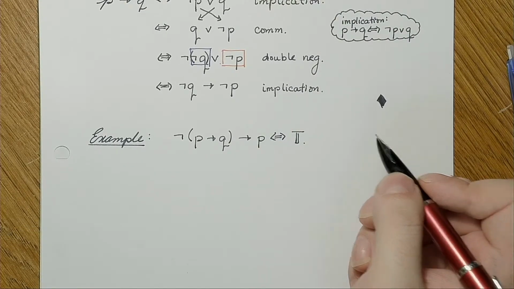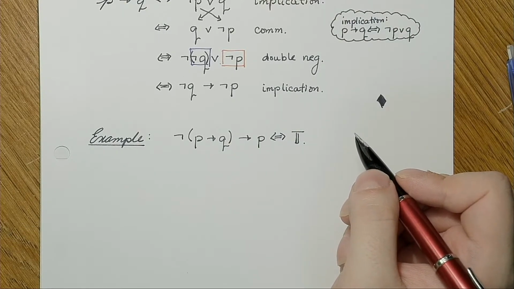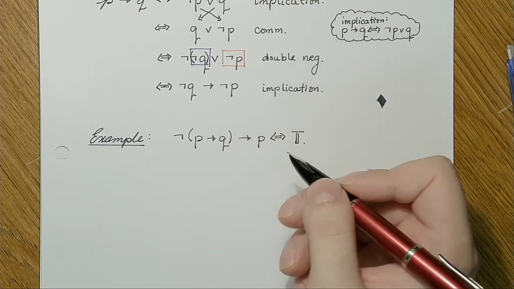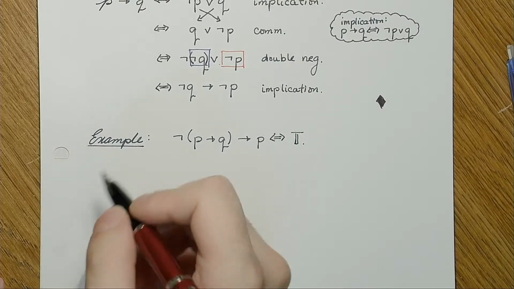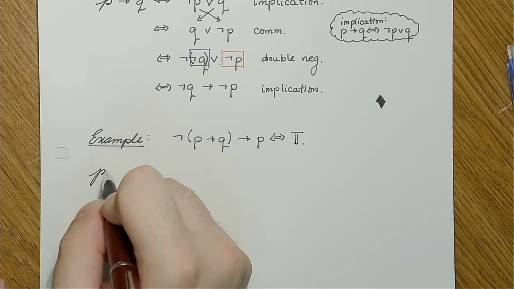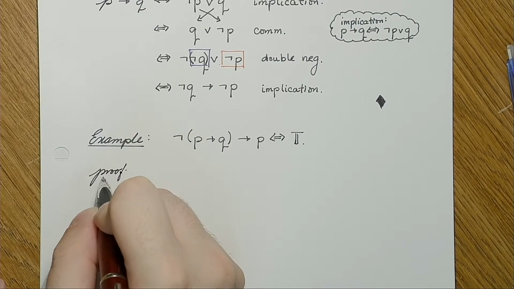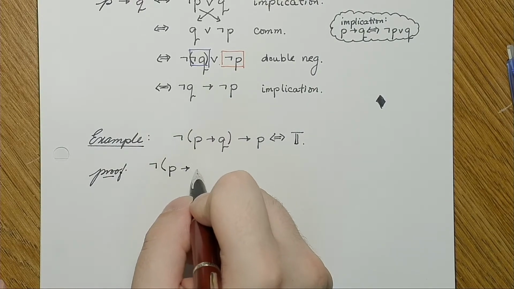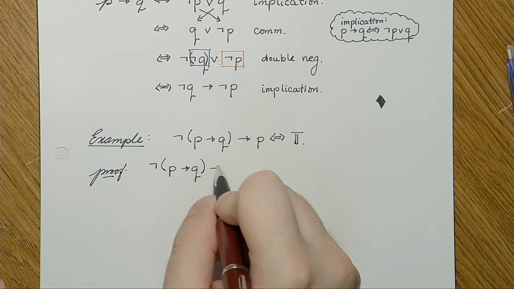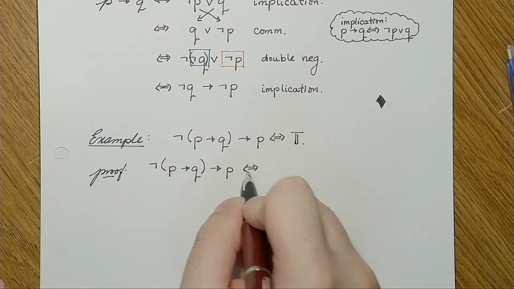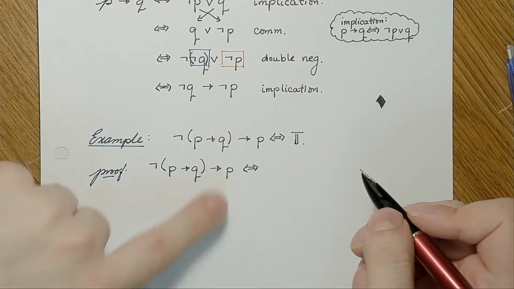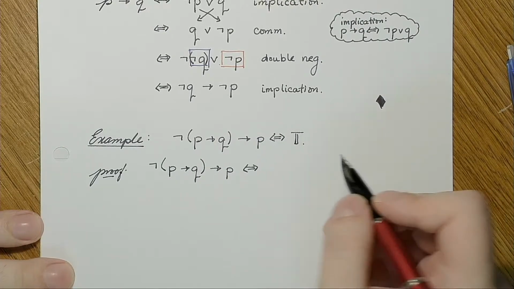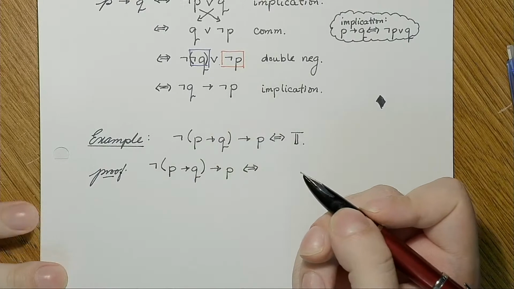Okay, so we're asked to show that the negation of the implication, P implies Q implies P, is a tautology. So again, starting on the left-hand side, it doesn't really matter which implication I'm going to get rid of first.